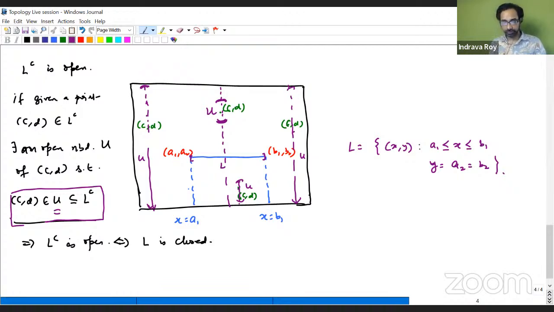By the way, what is the interior of this set? While we are discussing this, let's see if we can find the interior of this set L. What is the interior of L? Any guesses?